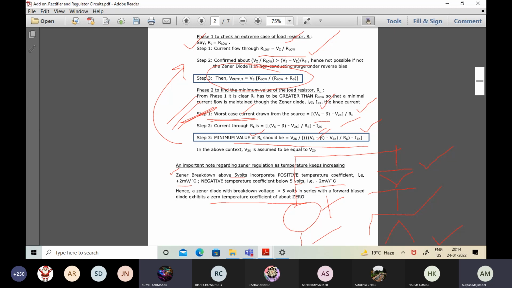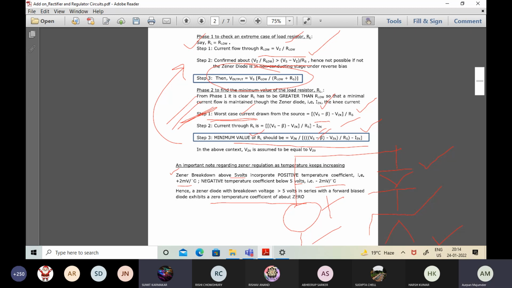Rest part of it is just putting in the concept of the Zener into force, or the Zener regulation in effect. So when we talk about the least amount of current that can be drawn from the source dependent on the variation of beta, then it should be Vs minus beta minus Vzk divided by Rs. Isn't that the story?